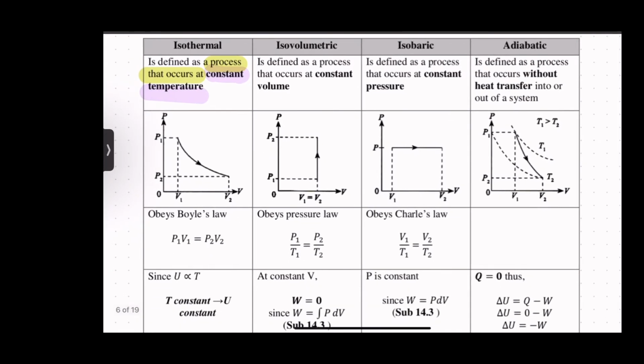When at constant temperature, based on the PV graph, you can see that the graph is like this. This means expansion, because the arrow goes that way. The arrow is from V1 to V2, meaning V1 is the initial volume and V2 is the final volume. That is expansion. For isothermal compression, it goes from V2 to V1, and the arrow will be reversed. That must be understood. Then it obeys Boyle's law, whereby P1 V1 is equal to P2 V2. This is based on the PVT triangle.